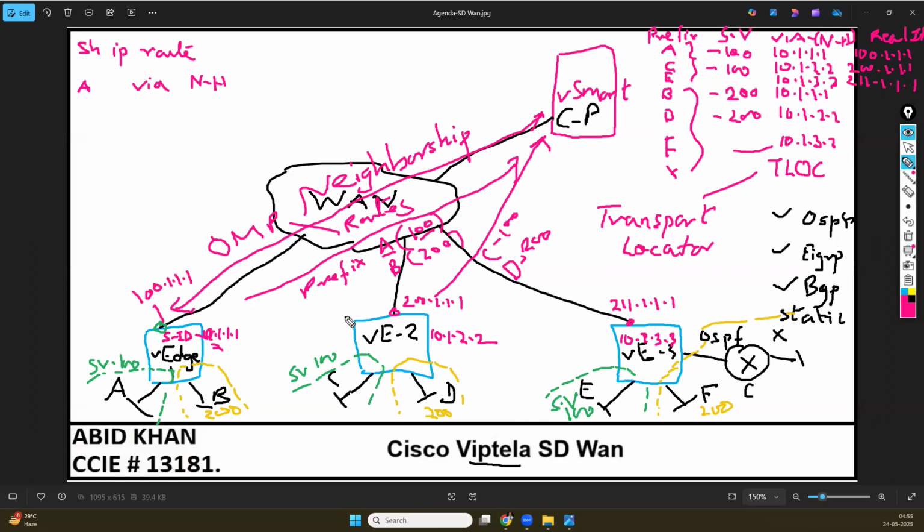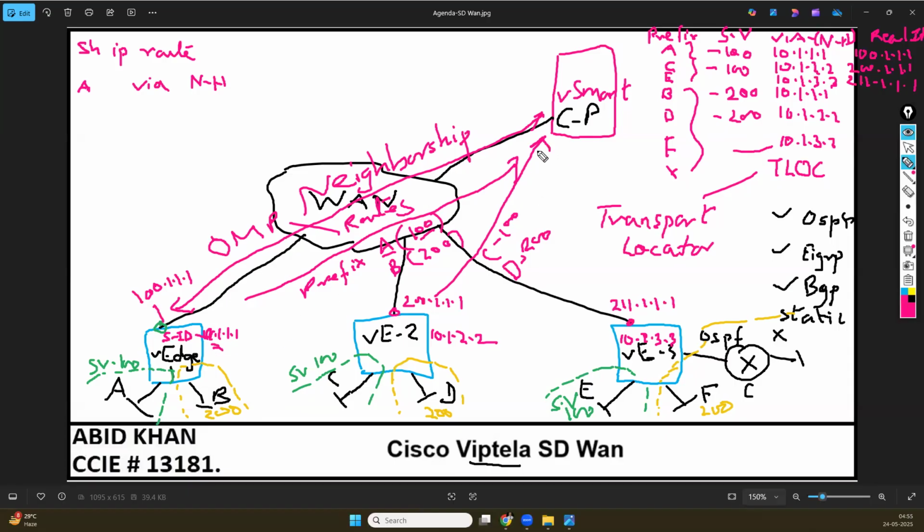So now vSmart has complete information about all the prefixes belonging to all the WAN agents. Once vSmart has received this information from WAN 1, what will it do?